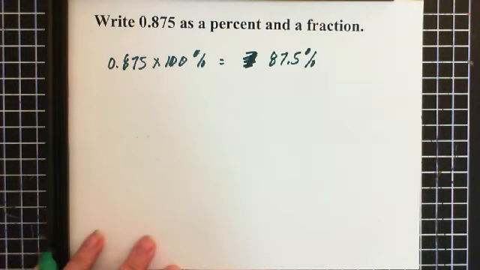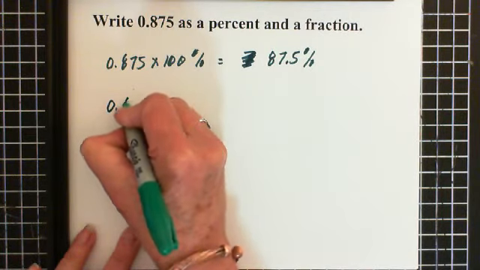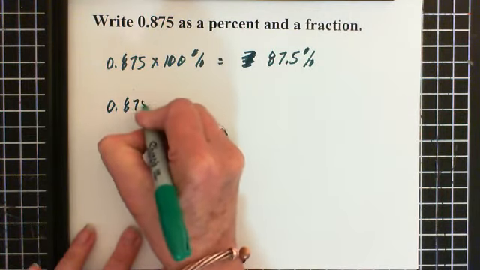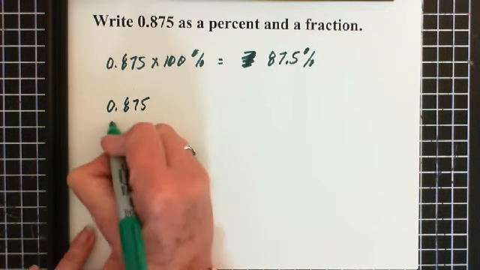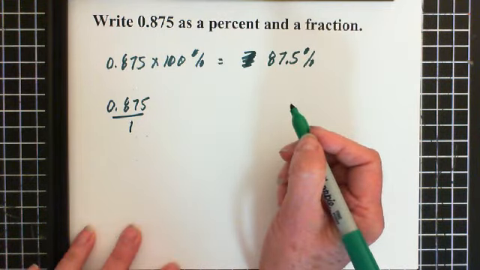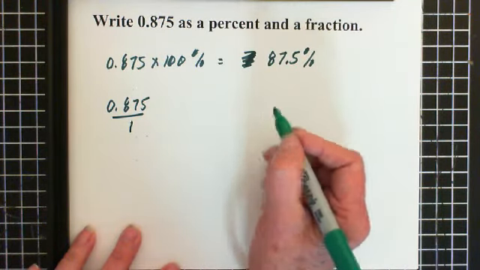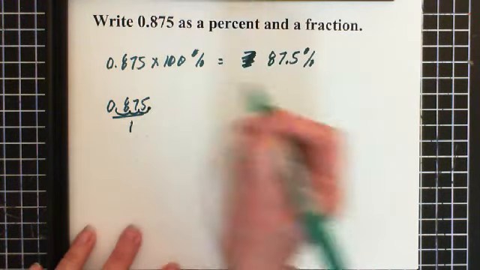Now, if we want to change the decimal to a fraction, take our 0.875. What's our first step? First step is to divide by 1. Second step is to get rid of the decimals in the numerator. So 1, 2, 3 places to the right.